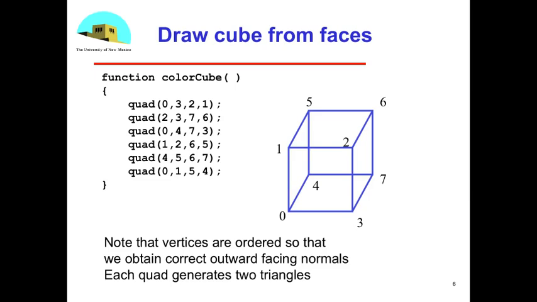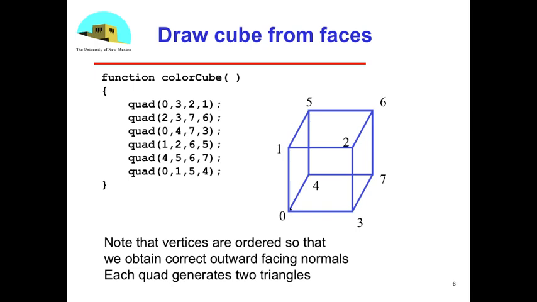Now let's come back to where we were at the end of the last lecture and said, okay, we're going to separate the topology and the geometry, and here's the topology, which says, okay, a cube is made up of 6 quadrilaterals, and we can describe those 6 quadrilaterals through some function we're going to call, where we just give it the vertex numbers, and we'll note that all of these 6 faces are numbered so they obey the right-hand rule, which is that they encircle counterclockwise when looked at from the outside.